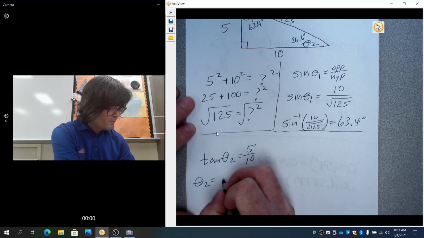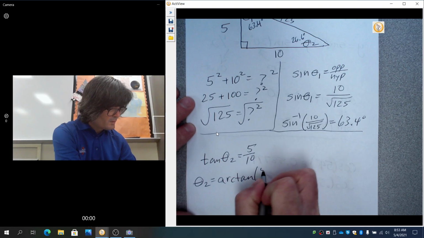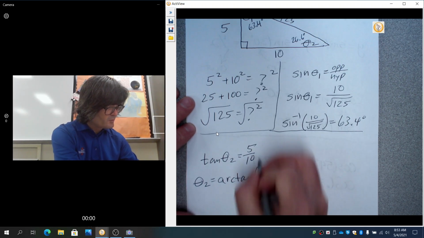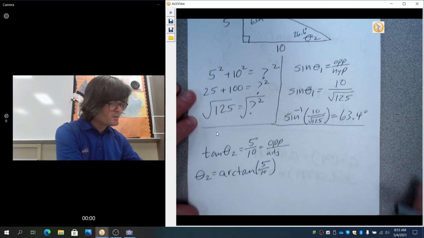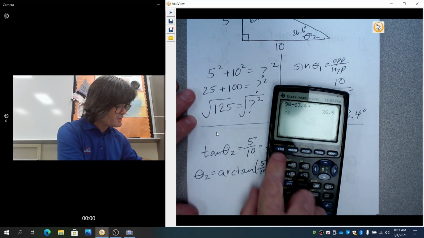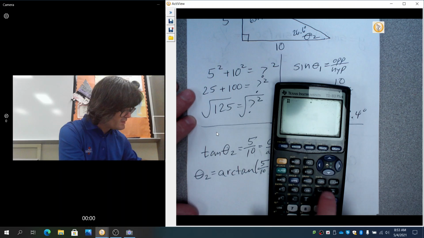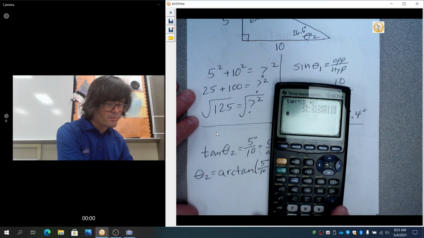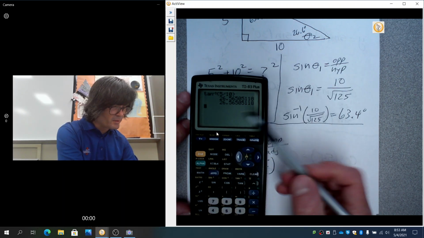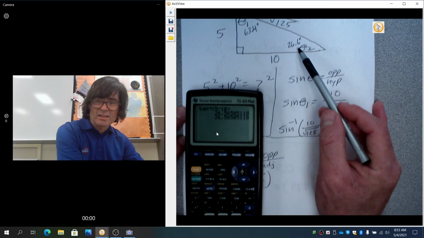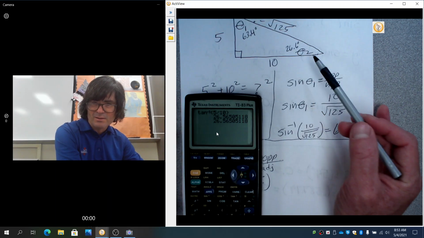So theta 2 is going to be arctangent 5 over 10. This is opposite over adjacent, by the way. So if you did inverse tangent 5 over 10, or a half, you get 26, I'm going to call that 26.6 degrees, just like I expected. I did some rounding, so it's fine.